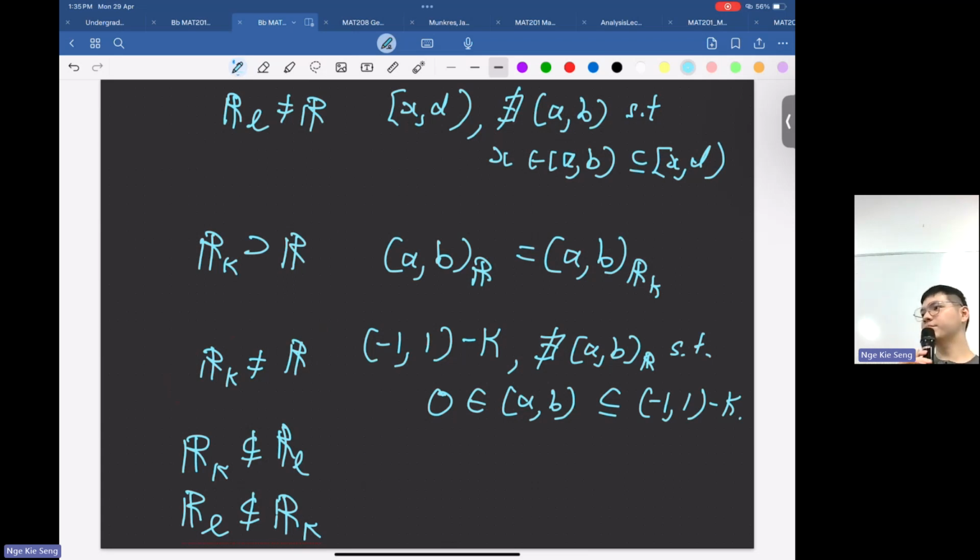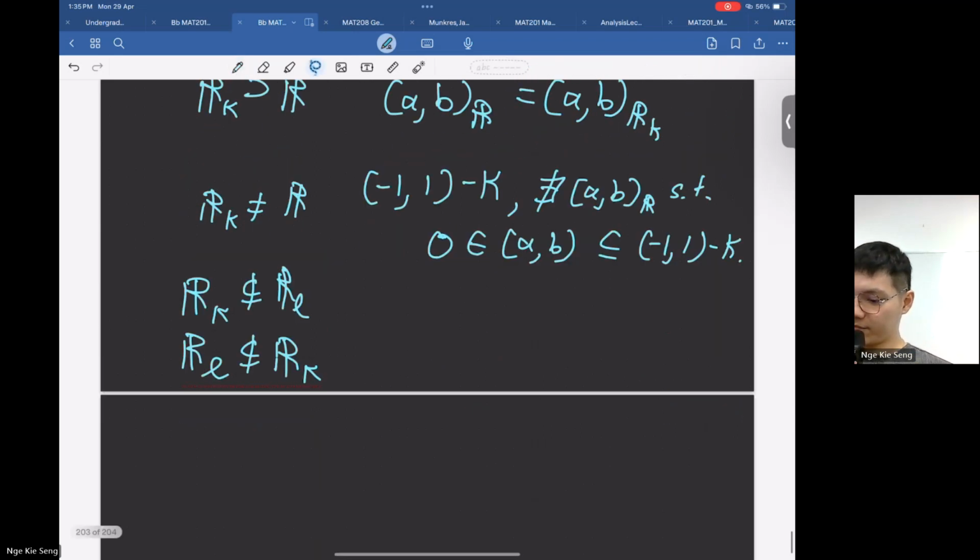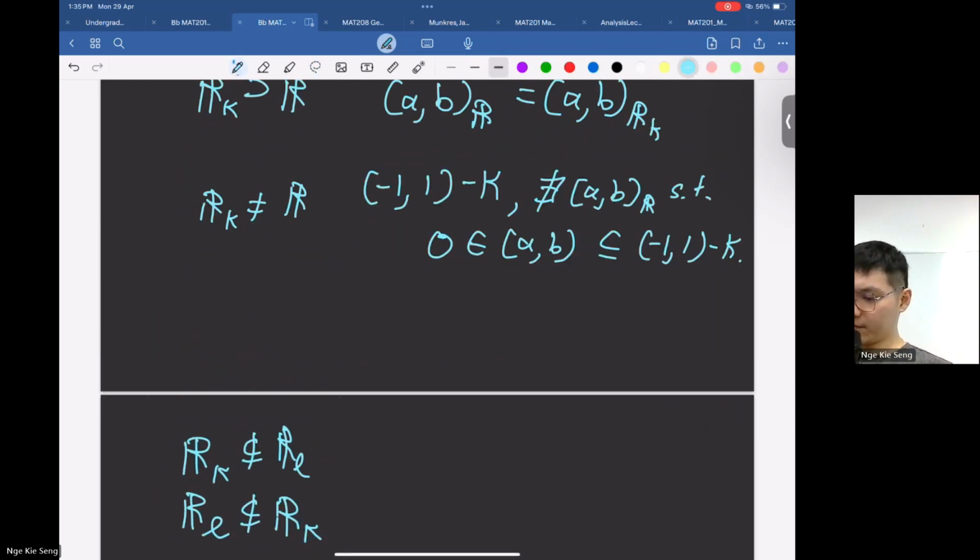Why is this true? So let's draw this out. You have (-1, 1), right? You take away all the sequence 1 over n that converge to 0.